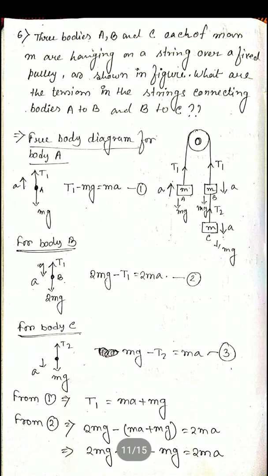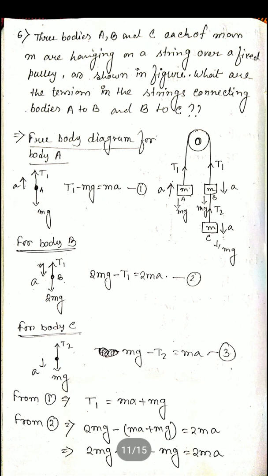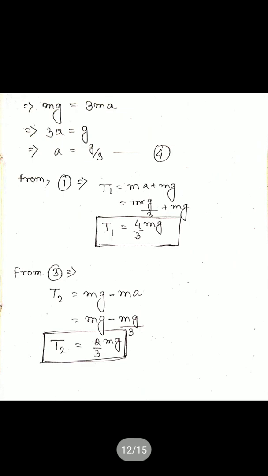Now from equation 1, T1 equals ma plus mg. If you put g by 3 in place of a, you get T1 equals 4 by 3 mg. And from equation 3 you can also find T2 equals 2 by 3 into m into g.